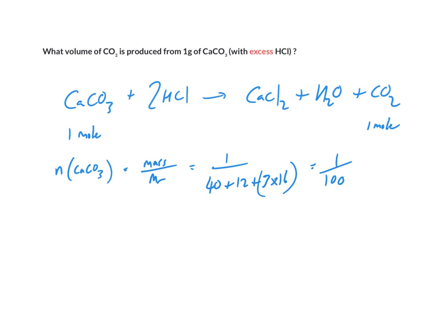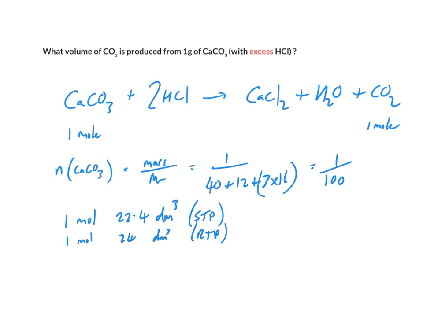Now for a gas, 1 mole of any gas has a volume of 22.4 dm³ at standard temperature and pressure, which is 0 degrees centigrade, or 1 mole has a volume of 24 litres at room temperature and pressure, room temperature being approximately 25 degrees centigrade.